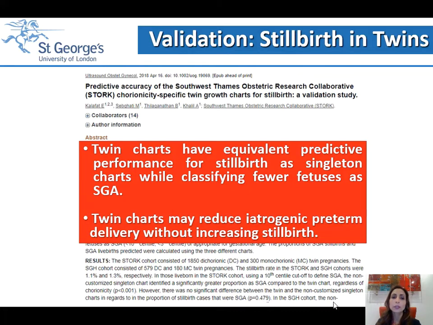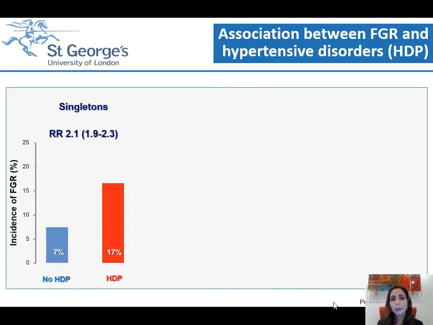You can see the abstract on the screen, but certainly the conclusion is that the twin charts had equivalent predictive performance for stillbirths in twins as singleton charts, but they classified fewer fetuses as small for gestational age, and therefore you are less likely to label the twin pregnancy as complicated with fetal growth restriction or small babies, and therefore you avoid unnecessary iatrogenic preterm delivery, and that's without really increasing the risk of stillbirths.